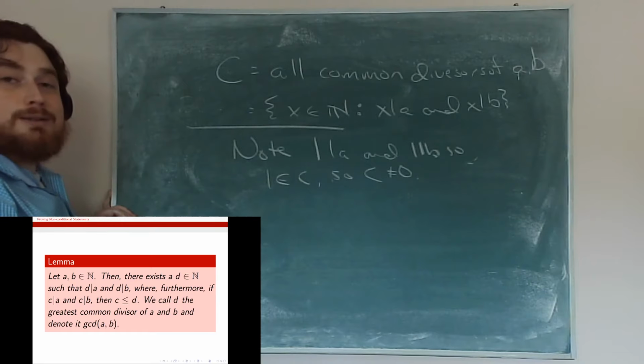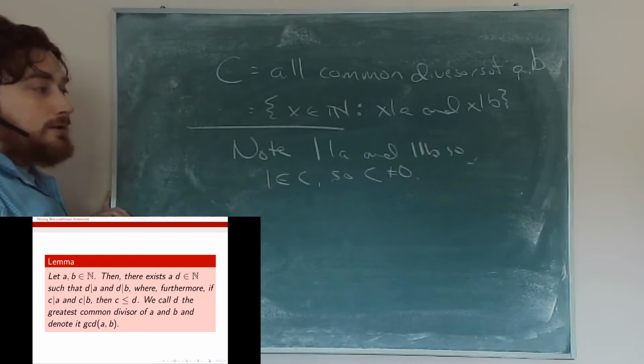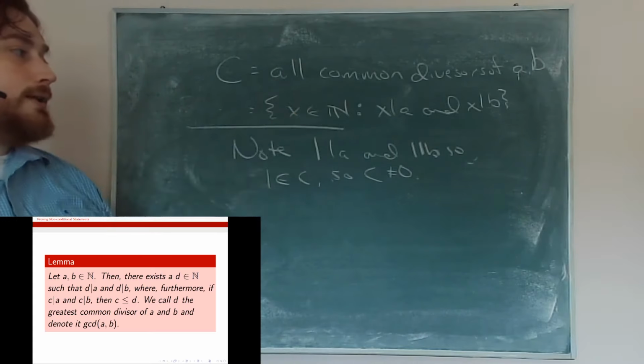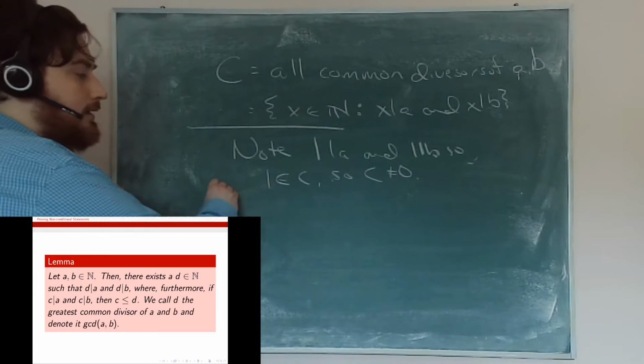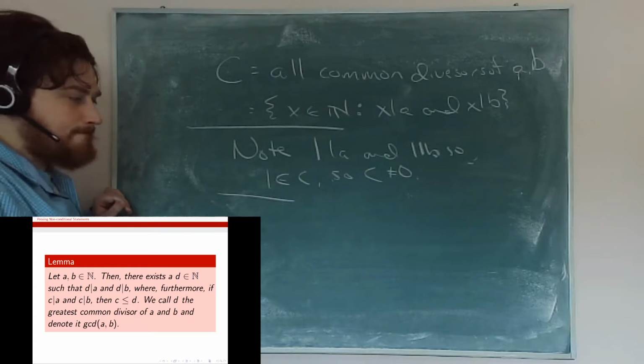I showed that there exists something in there because 1 divides both A and B, because 1 divides all natural numbers. So therefore, the set of all common divisors is non-empty. Now I want to show it's finite. So what I have to show is that there's an upper bound on how many elements can be in there.